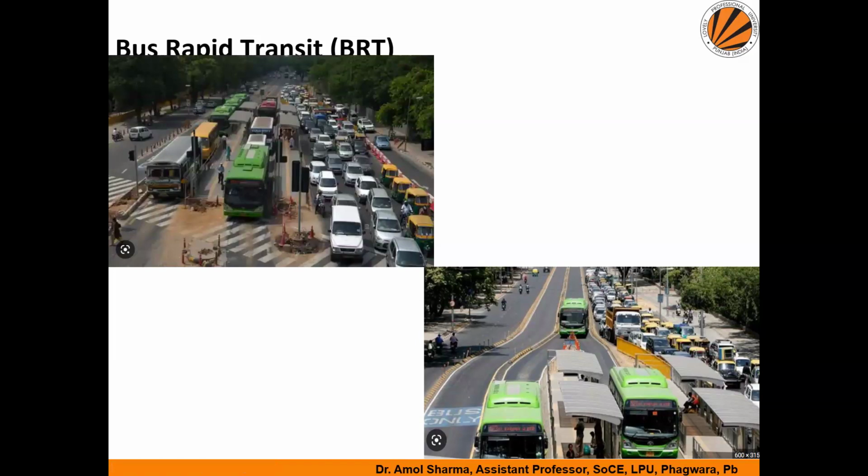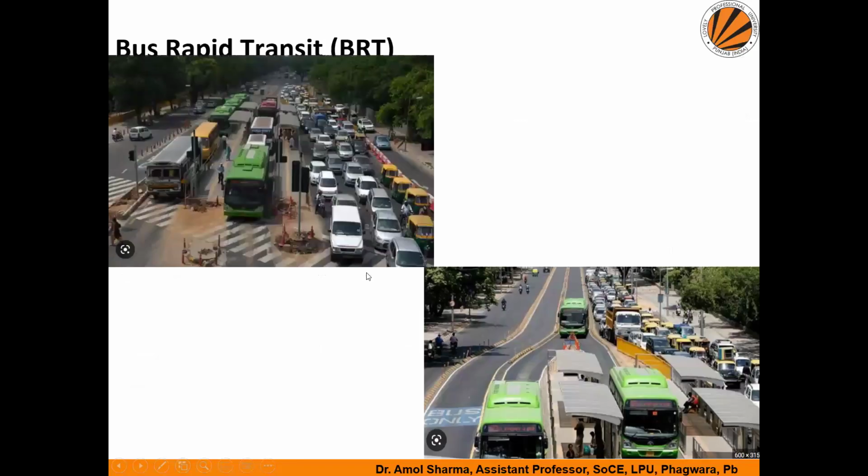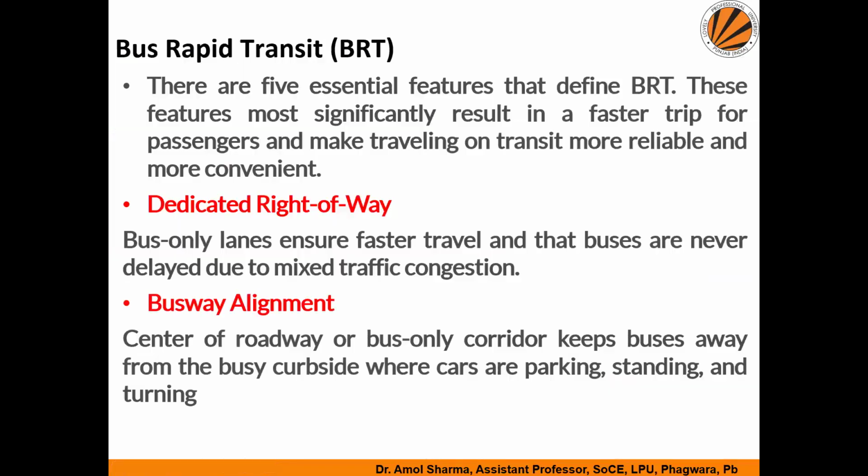Now, such a system in India is implemented in Delhi. The features of this system: it has a dedicated right of way. A right of way means a separate lane is provided for buses and it is not allowed to mix with the other traffic streams. The bus alignment is at the center of the roads, in which the corridor is kept separate for the buses.